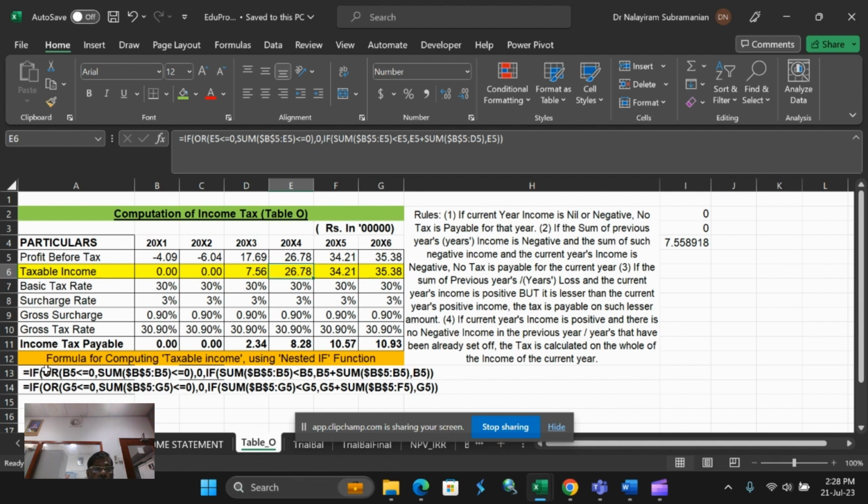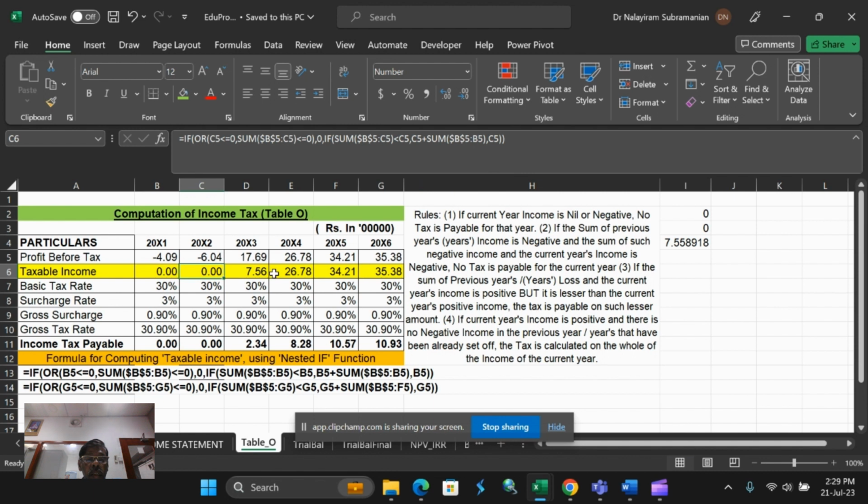Look at the formula here. If B5 is less than 0, I mean this one is less than 0, or the sum of these two is less than 0, then in these two scenarios the taxable income will be 0. That is how you can look at the formula.